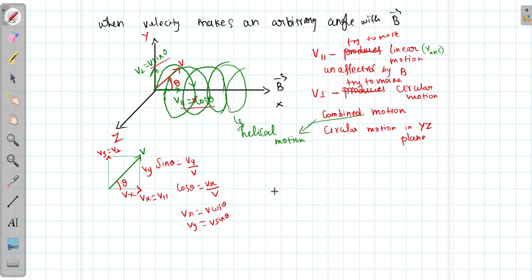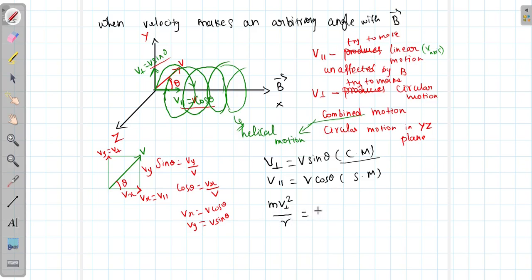Again we'll go for the equations, but in this case we have to resolve the values. V perpendicular equals V sin theta, V parallel equals V cos theta. This one makes circular motion, this one makes straight line motion. For this particular case, m V perpendicular squared divided by R equals B Q V perpendicular.